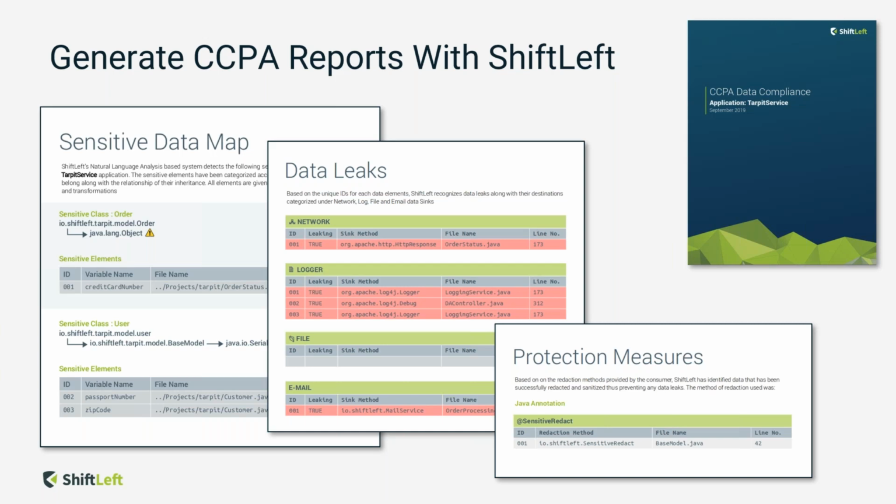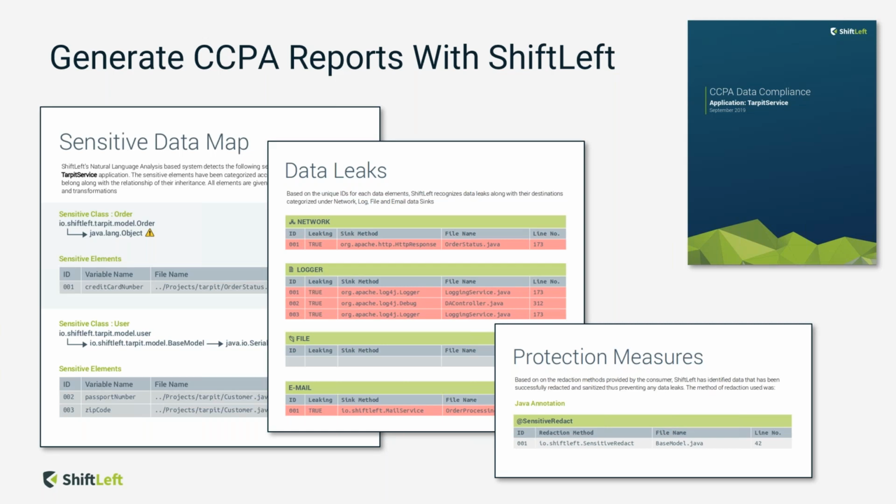So we say that this information is now leaking into a log file, it is leaking into email, it is not leaking into a file, and not just that it's leaking, but we point out the exact line of code where it is happening. In this source code, on this line number is where the leak is happening.